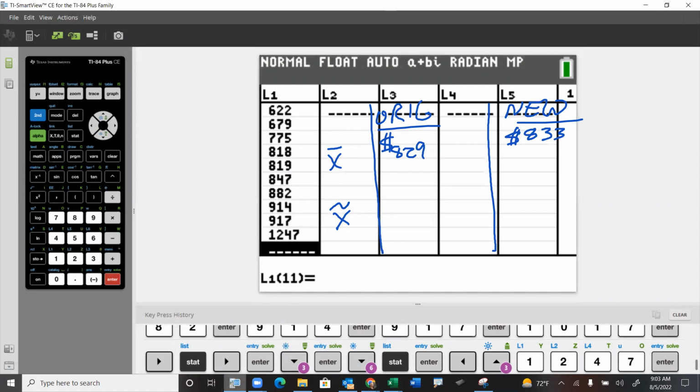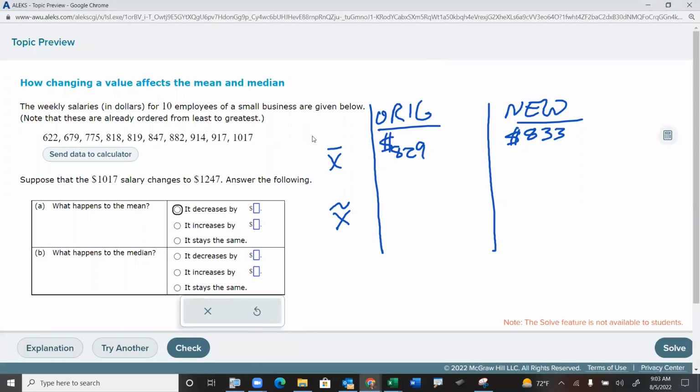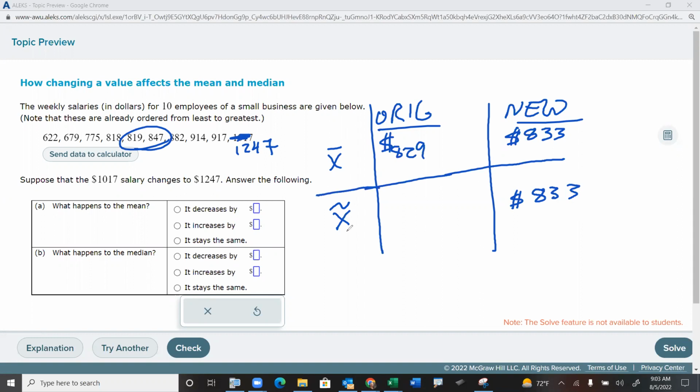All right, so before we do the calculation, let's take a look right here. I changed that to 1247, which means I still have 10 numbers. I'm still playing around with 10 employees here. So these are still the middle two numbers right there. So it's still going to be 833 for the median.